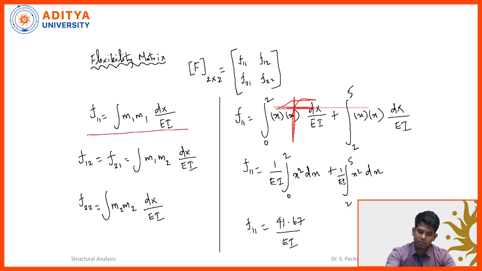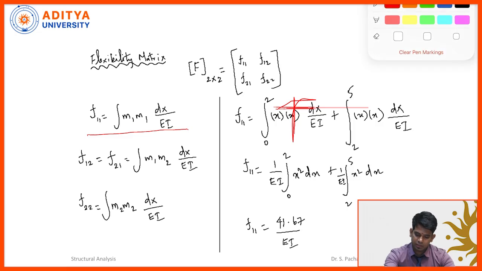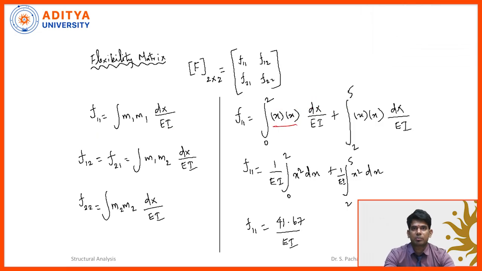Similarly, this is for the B to C portion and this is for the C to A portion. Similarly, we are substituting the value of M1 multiplied by M1 for both portions. So finally, we will be getting 41.67 by EI.